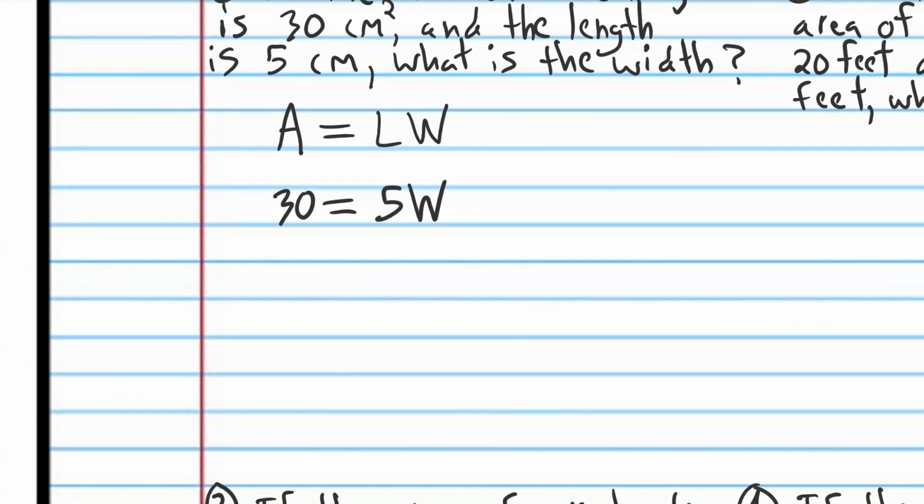Whenever we perform an operation on both sides of the equation, we have to rewrite the equation, and then we can perform our operation. And then we write the result. The 5's cancel out, and 30 divided by 5 is 6. So the answer is 6 centimeters.